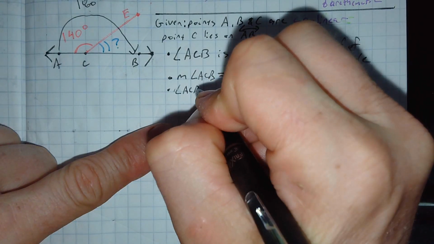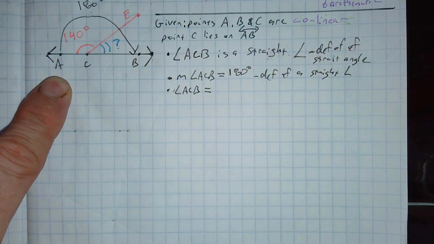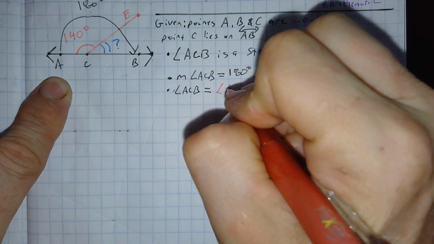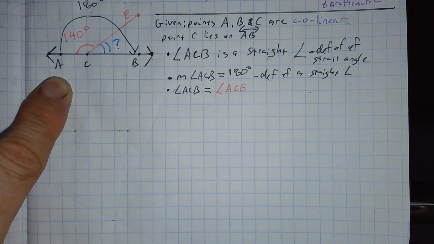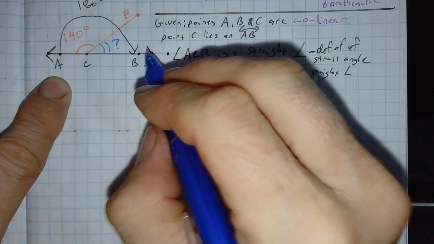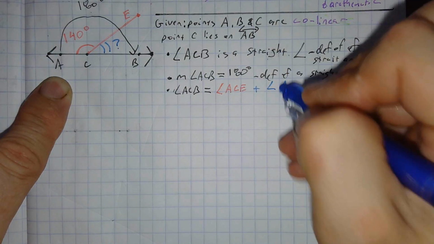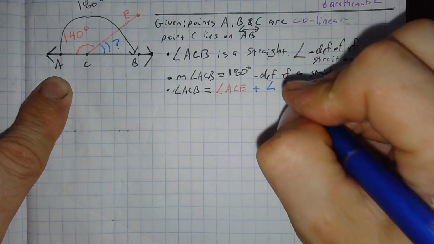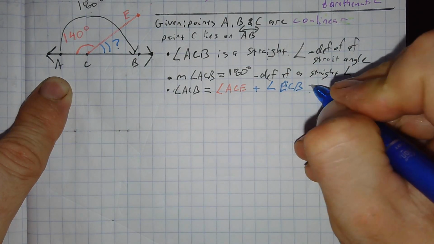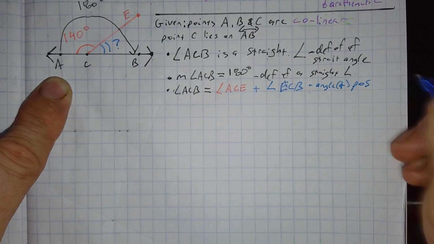Angle ACB is going to be equal to angle ACE, which I'm going to make red, plus this blue angle, angle ECB, excuse me. ECB. All right, and this is the angle addition postulate.